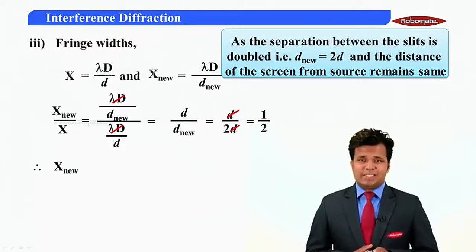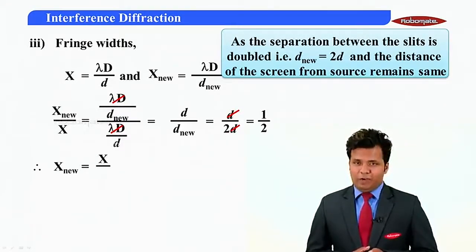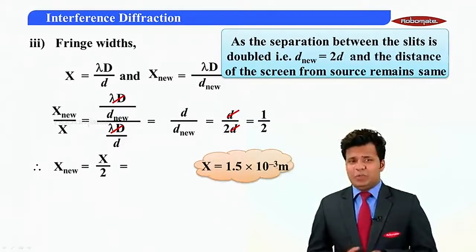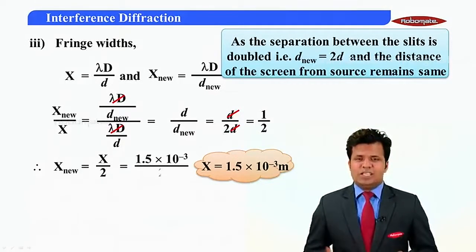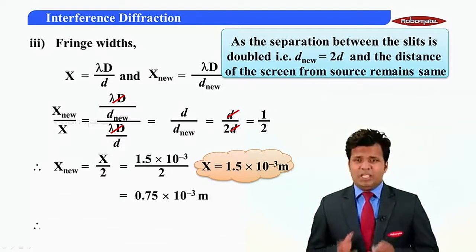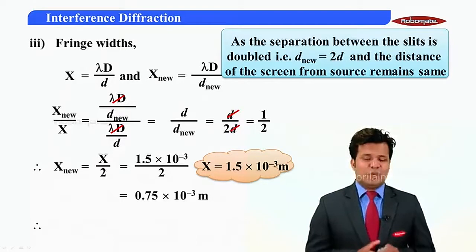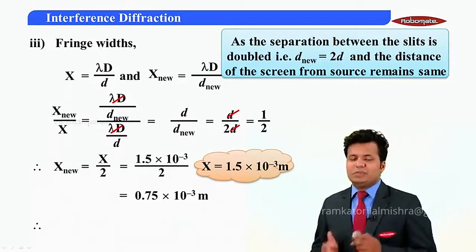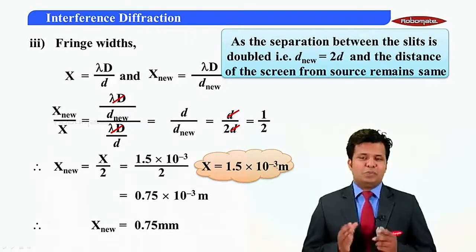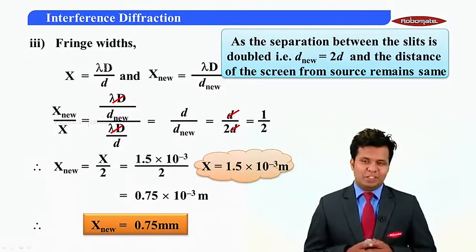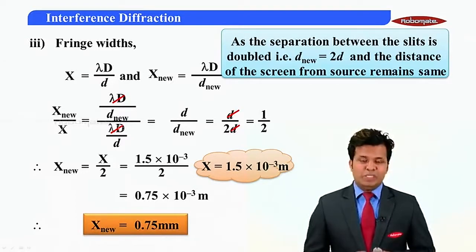So X new is half of the previous one, X by 2, and X is 1.5 into 10 raised to minus 3 meter. Substituting, X new is 0.75 into 10 raised to minus 3 meter, which is 0.75 mm. So that was from this module, students. Thank you.